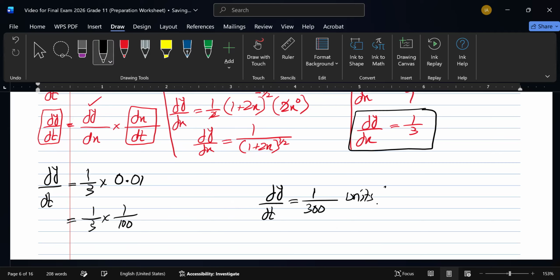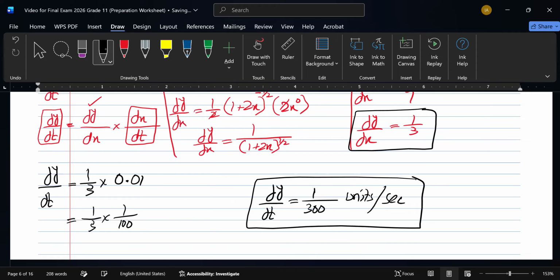units per second. My question is, can I express my answer in decimals? Why not? You can. But if you write your answer in decimal, it should be in 3 significant figures. That's the key point you must remember.